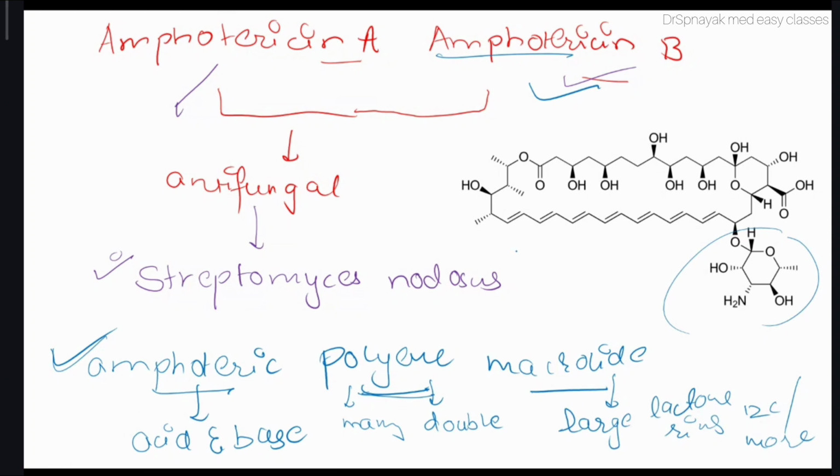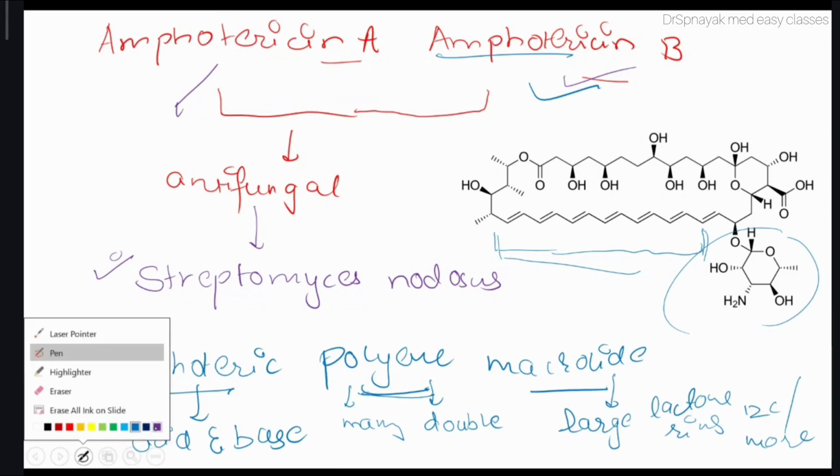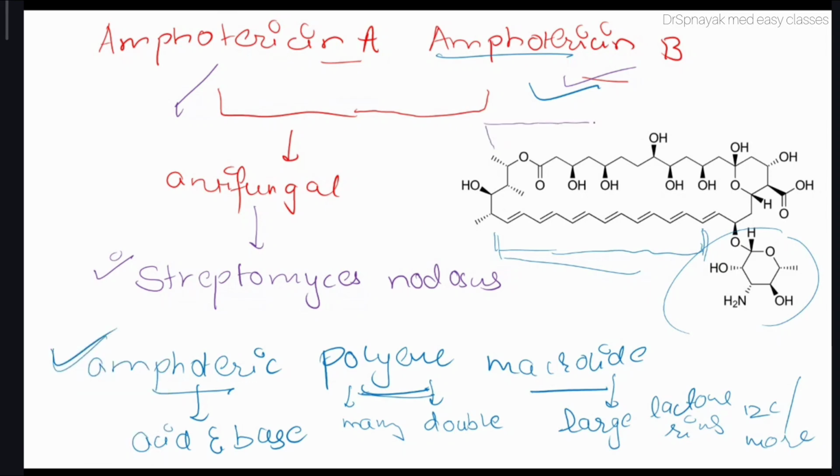Moving towards the structure, as you can see, one segment of this structure has a lot of double bonds. And in another segment of amphotericin B, there are a lot of hydroxyl groups present over here: 1, 2, 3, 4, 5, and 6.